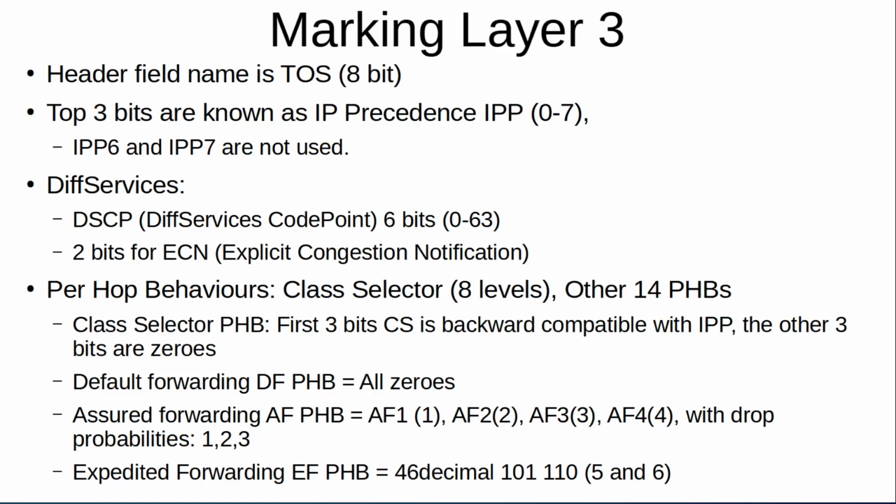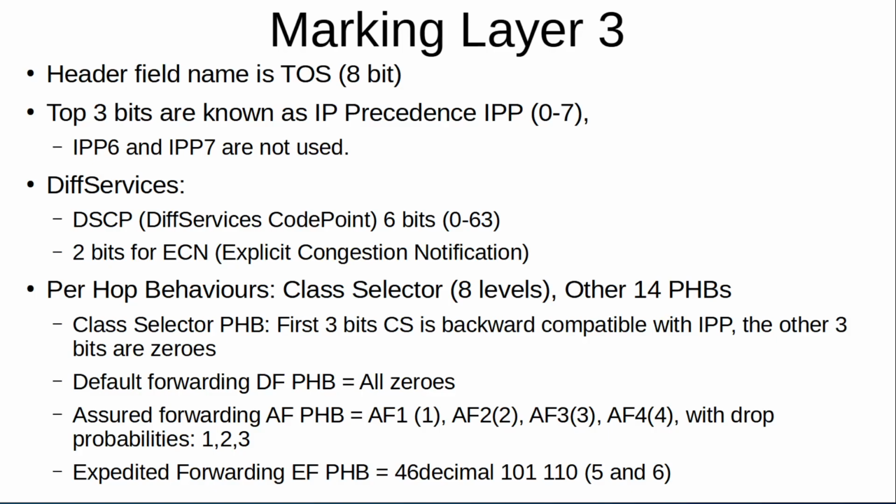You can also choose to use default forwarding, assured forwarding, and expedited forwarding per-hop behaviors. In that case, you will have 1 value for the default forwarding per-hop behavior, which is all zeros, 12 possible combinations with assured forwarding, and 1 value for expedited forwarding. Expedited forwarding is normally used for voice traffic.